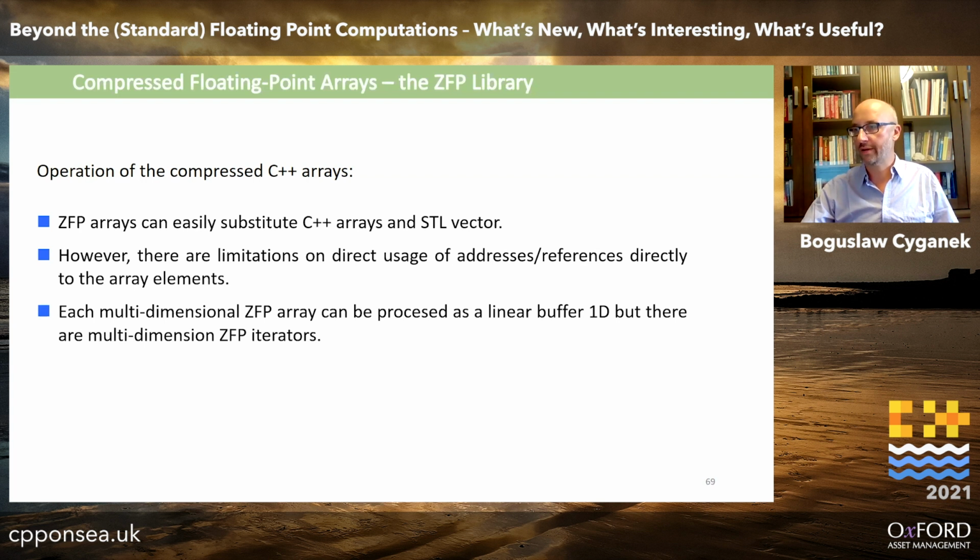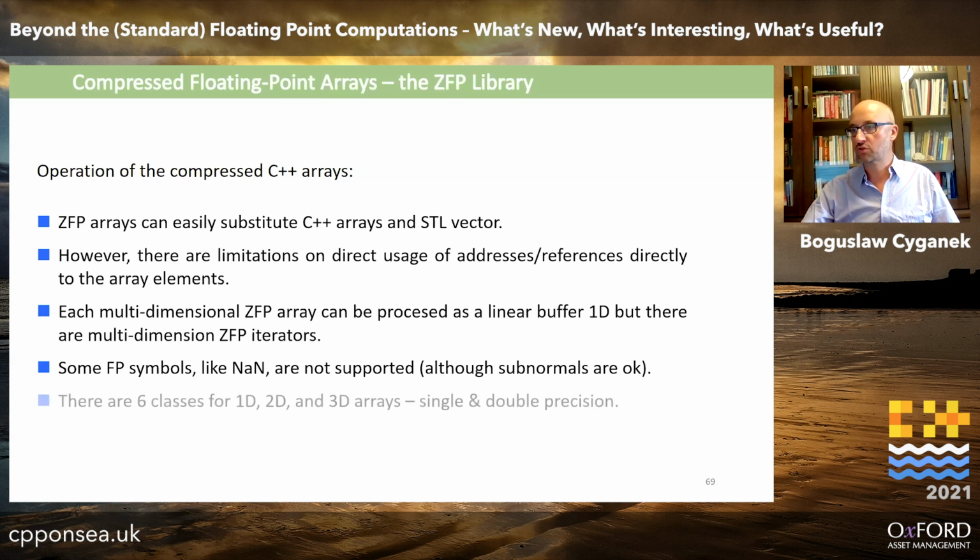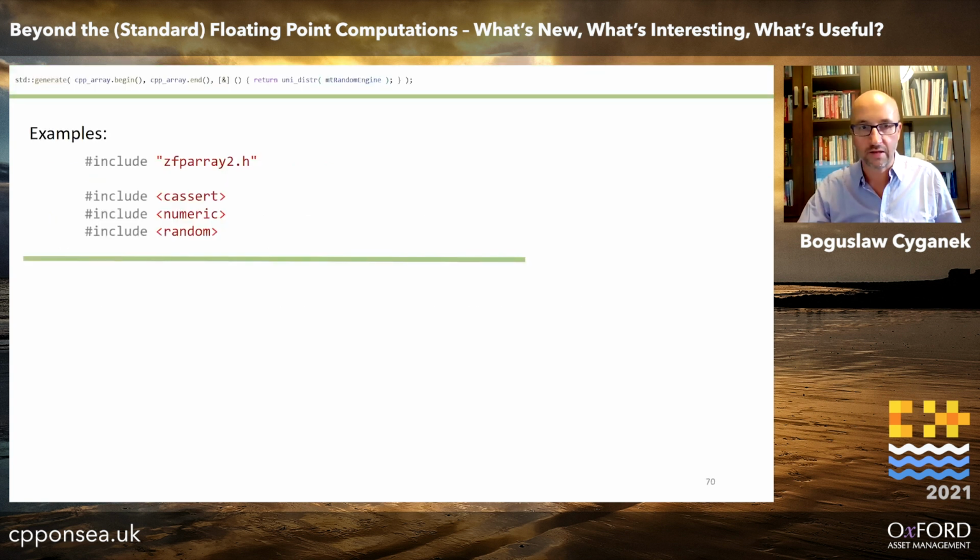So also can be approached as multidimensional with special iterators. Some symbols like not a number are not supported. There are 6 classes for 1D, 2D, 3D arrays of single and double precision. And finally, the example. So we need to include ZFP array, for example, 2 here.